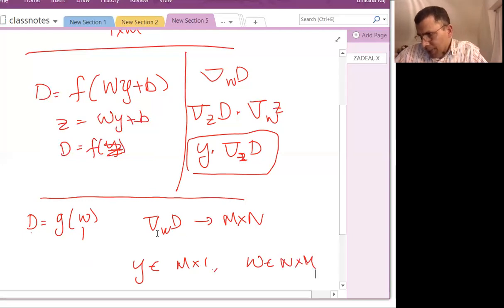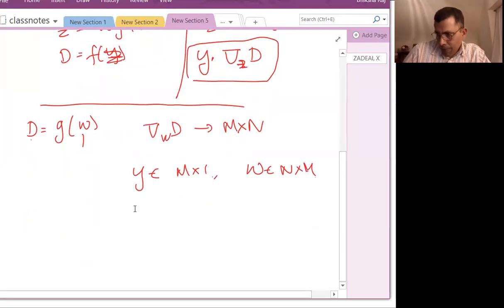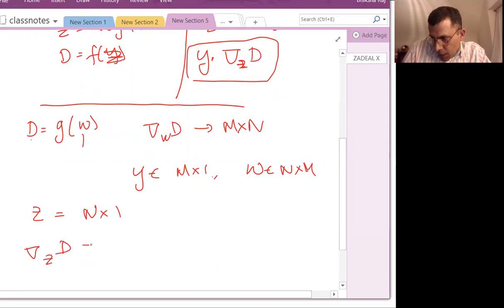So what this means is that z is an n cross 1 matrix because you're multiplying w and y. And so the derivative of d with respect to z is going to be a 1 cross n row vector.